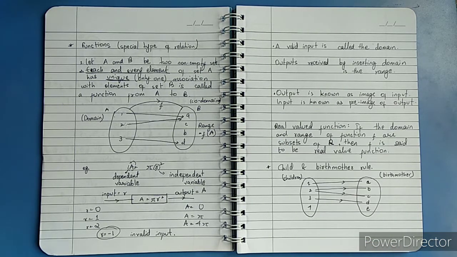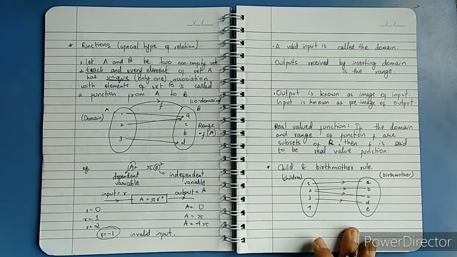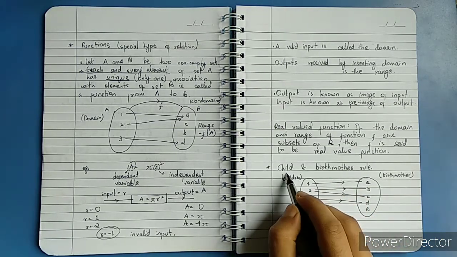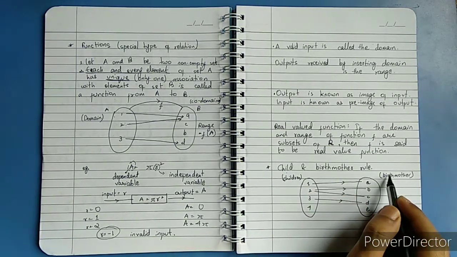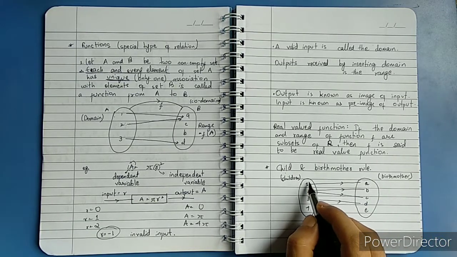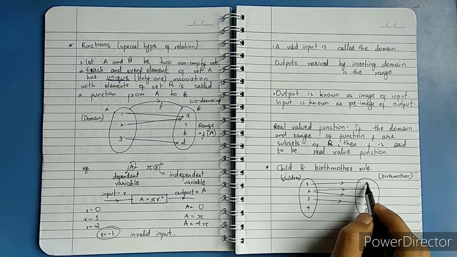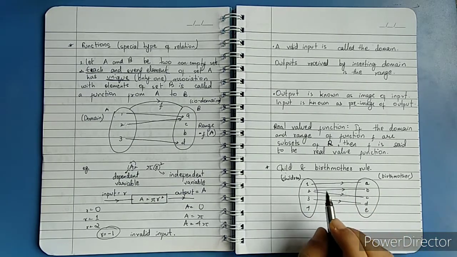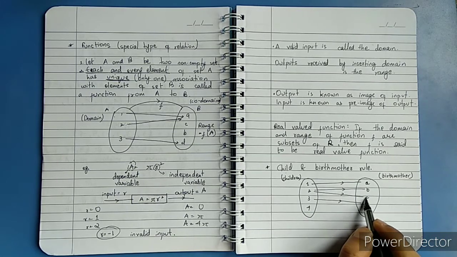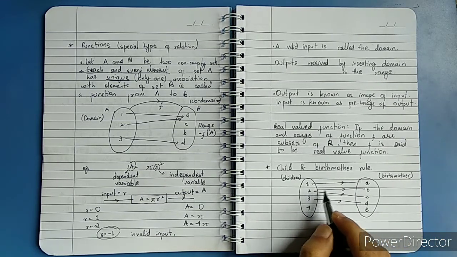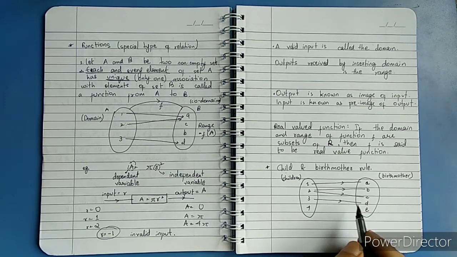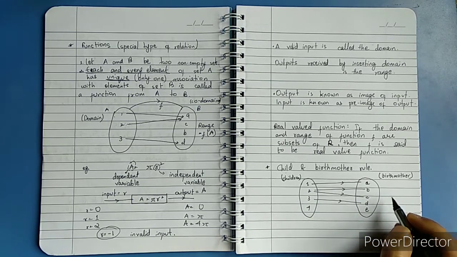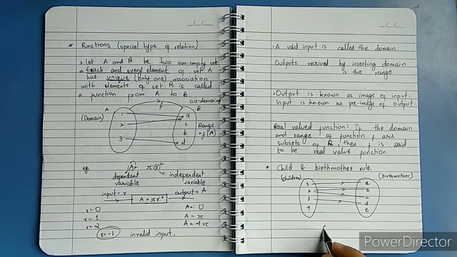Okay, so will this be a function or not? 1 is a child, so it can have a mother. 1 has a mother, it's fine, only one mother. 2 has 2 birth mothers. Can it be possible that one child has 2 birth mothers? It is not possible.